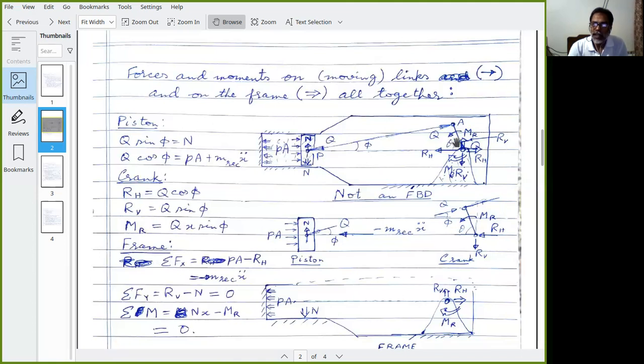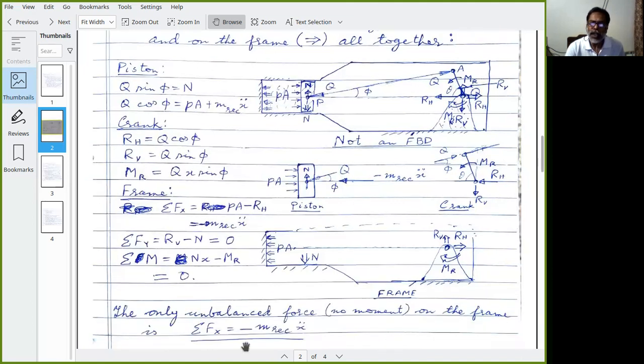We are talking about mass for inertia, but not for weight, because weight is not a dynamic force. Any structure has to support it. No big deal in the machine. So the only unbalanced force and no moment on the frame is this. We will bother about this.